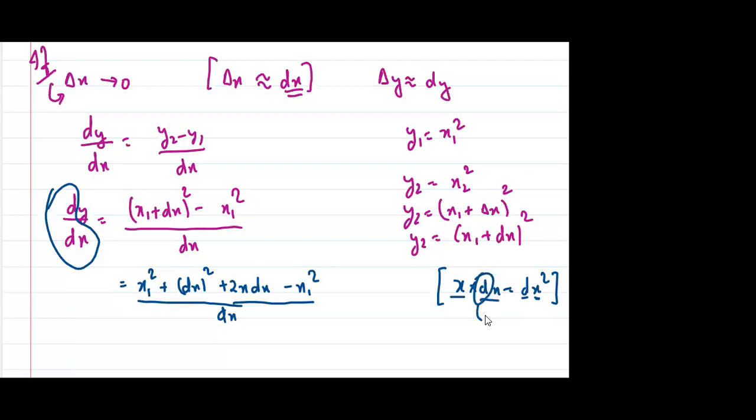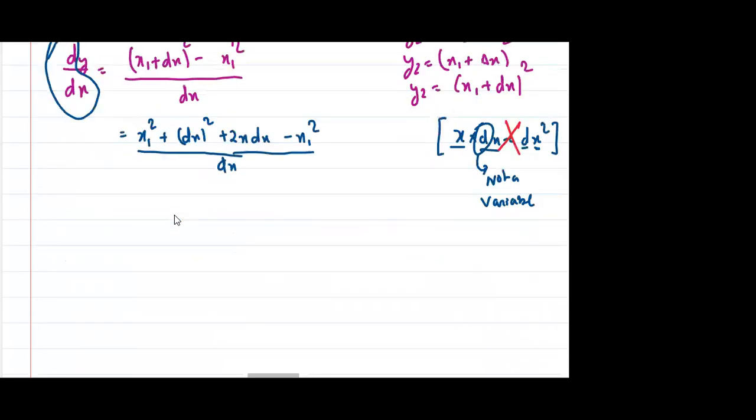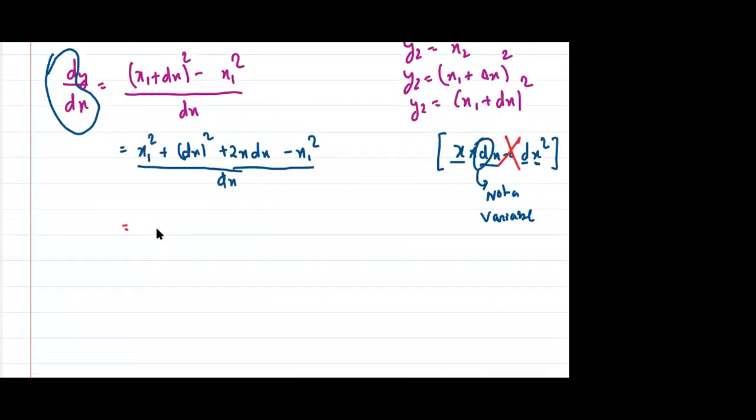Remember, d is not a variable. So you should never do it. This is a sin. Right? Okay? Did you understand? So can I say, sir, it is dx whole square plus 2x into dx, by whole dx.